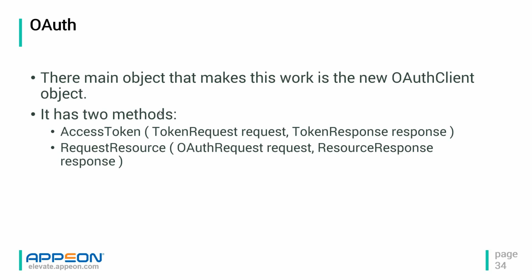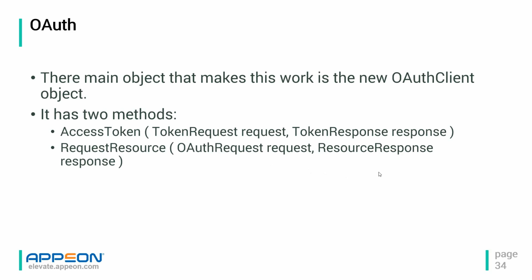Once you get the token back, at least with the OAuth client, you can do request resource, where you call the particular method with your OAuth request, and you pass in the token request as one of the properties of your OAuth request, and you get a response back from the resource.